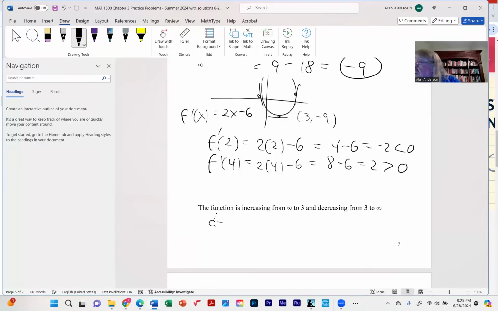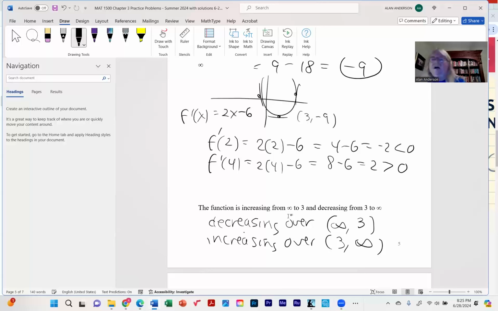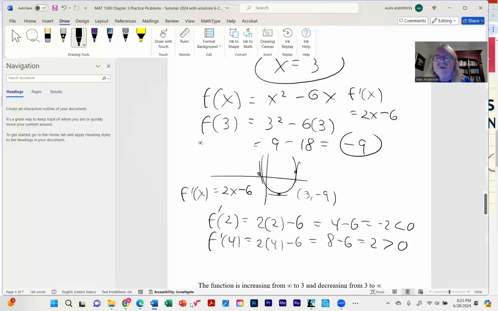The function is decreasing from infinity to 3. Actually, in this case, instead of saying decreasing from, I'll say decreasing over this interval and then increasing over 3 to infinity. Okay, and we already know that the relative minimum is this point.